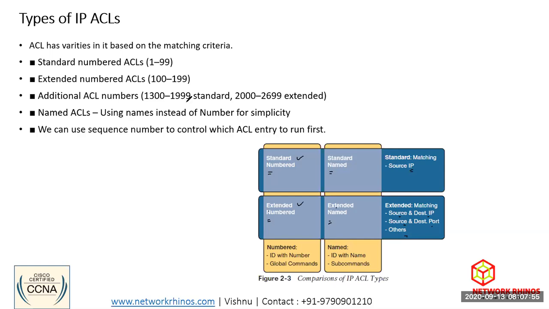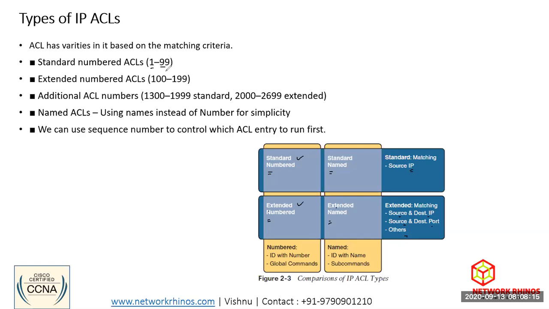While writing the commands of an access control list, when you use a number between 1 to 99, by default you are saying that it is a standard access control list. When you use a number between 100 to 199, it's going to be an extended ACL.